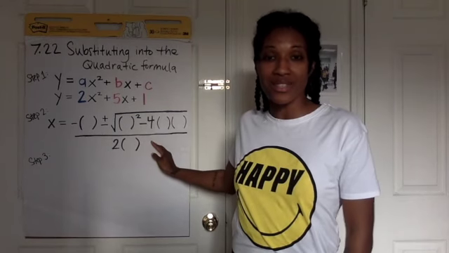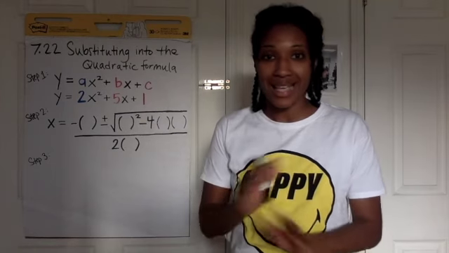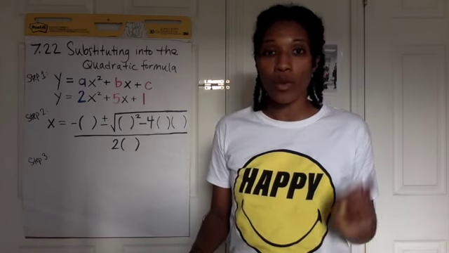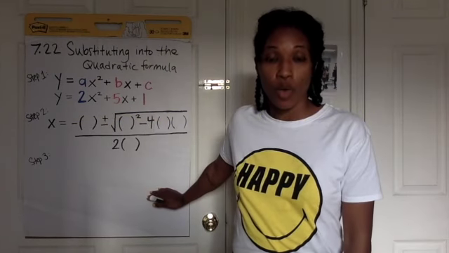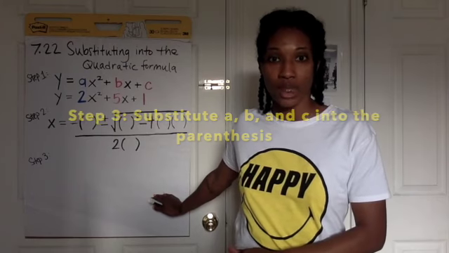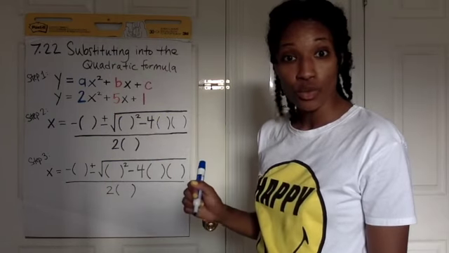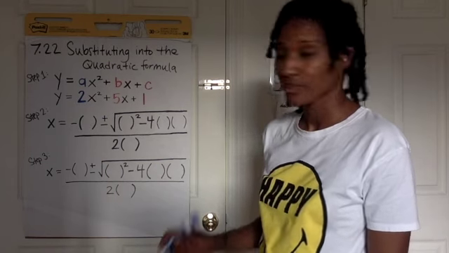Step 2, we've set up the quadratic formula. So we've kept the formula exactly the same, but everywhere we see a variable, we put a parentheses. Step 3, we're going to substitute our a, b, and c into the formula. A is 2. So anywhere I see an a in the formula, I'm going to put a 2.